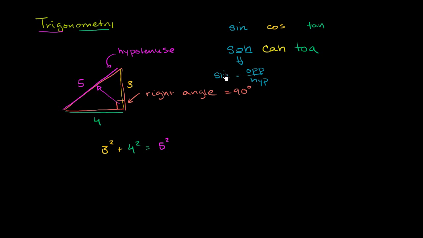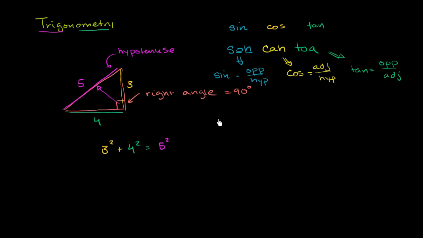I'll go into a little bit more detail in a second. Then cosine is equal to adjacent over hypotenuse. And finally, tangent is equal to opposite over adjacent. So you're probably saying, hey, Sal, what is all this opposite, hypotenuse, adjacent?